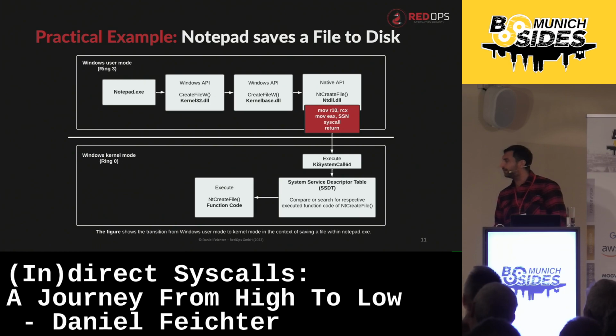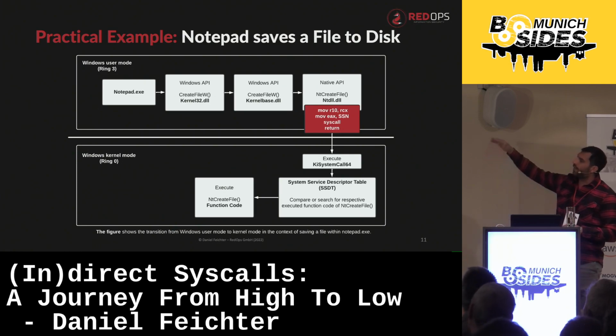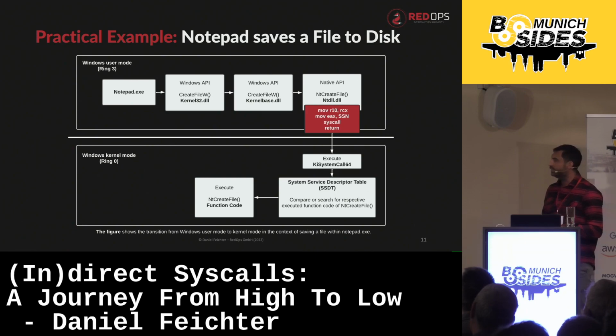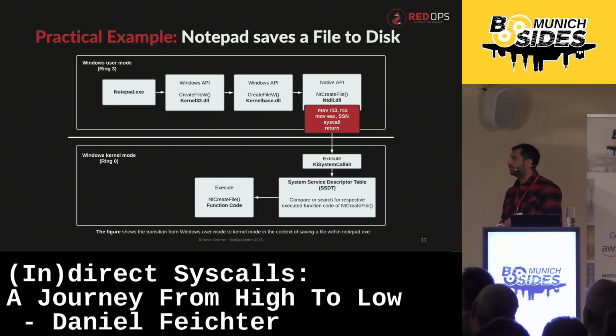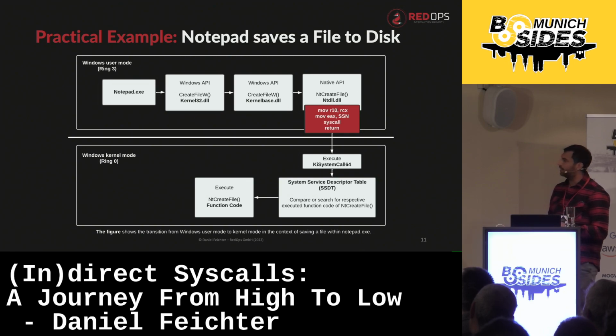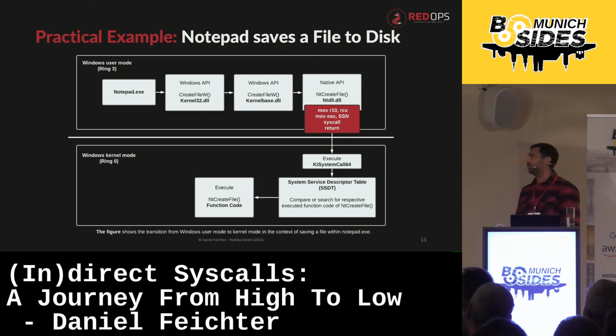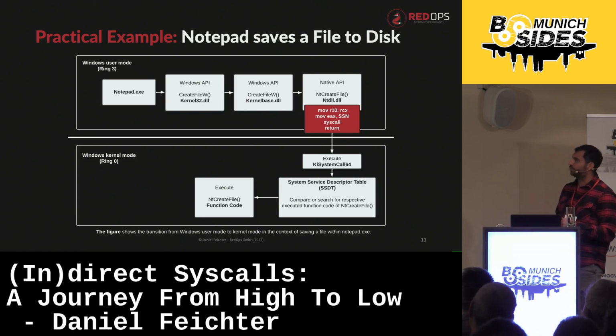So when we take a look at this illustration, on the upper side we can see the Windows user mode, and at the lower side, Windows kernel mode. On the left side we have notepad.exe, and we want to save a file to disk. So we first have to access the Windows API, or Win32 API, which could be located in kernel32.dll or kernelbase.dll.